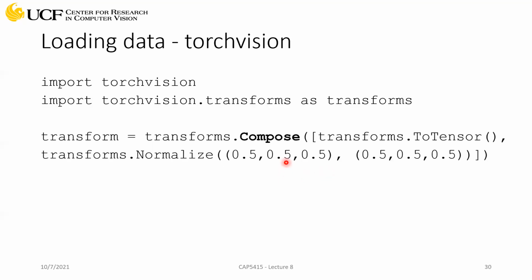To load your data, again, we have special APIs provided by PyTorch. And Compose is one of the functions which provides a list of tasks which you want to perform on your input data. Okay, let me quickly go through this.